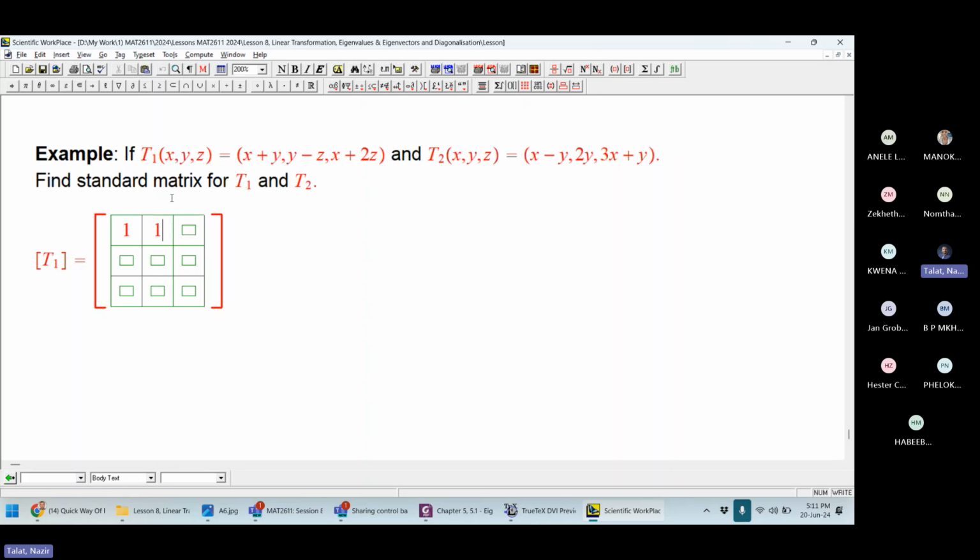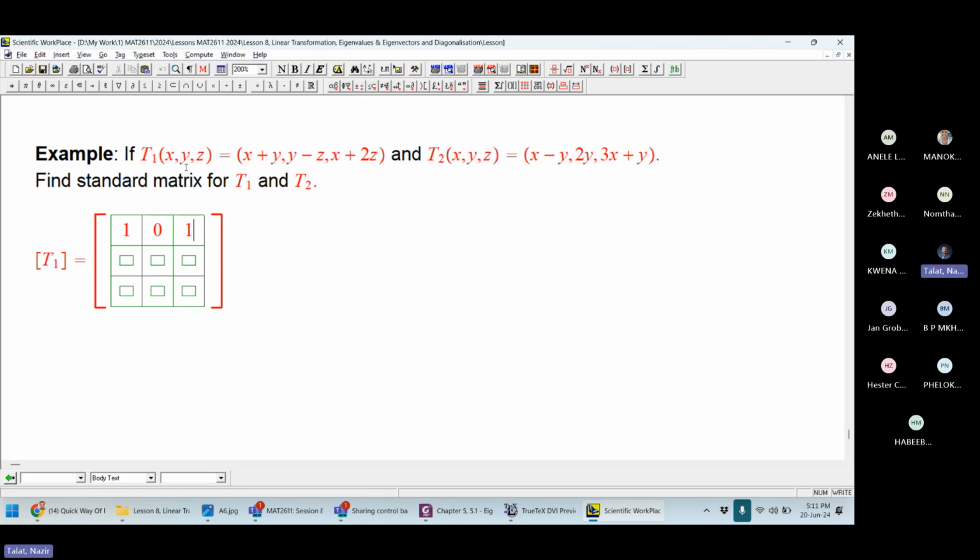As in the first entry, you know that there is a 1x, so x is coming over here. In the second entry, there is no x, so it means there is a 0. And the third is the z value, the x is also over here, so it becomes 1. So it's also the image of 100, because 100 is the first vector of a basis set of R3.